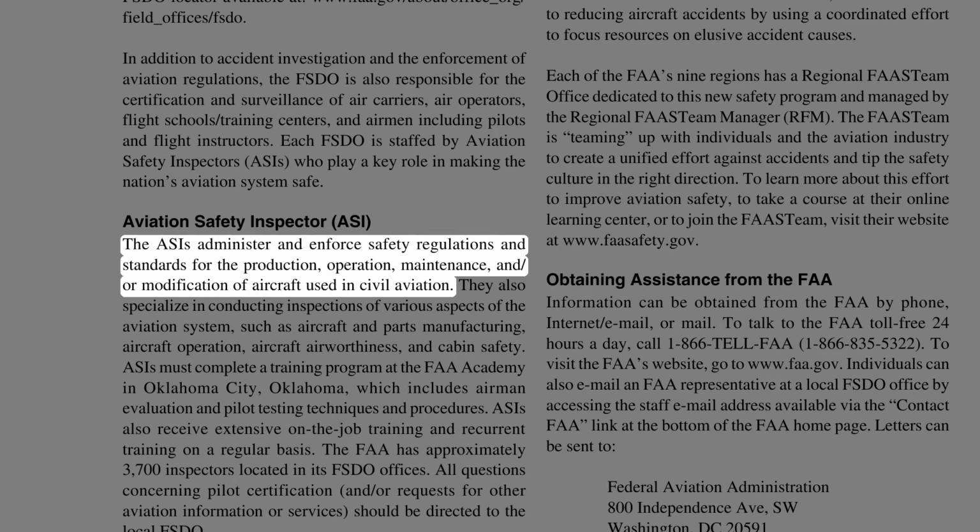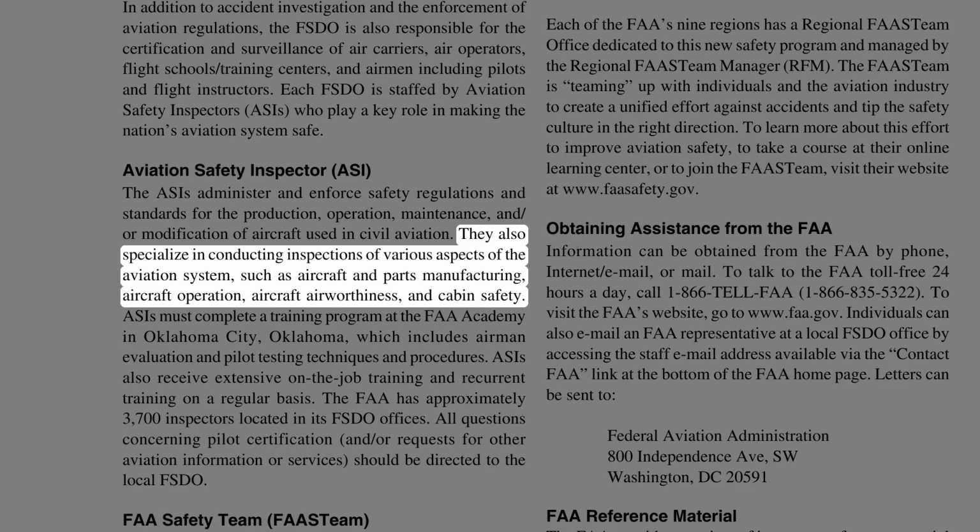The ASIs administer and enforce safety regulations and standards for the production, operation, maintenance, and/or modification of aircraft used in civil aviation. They also specialize in conducting inspections of various aspects of the aviation system, such as aircraft and parts manufacturing, aircraft operation, aircraft airworthiness, and cabin safety.